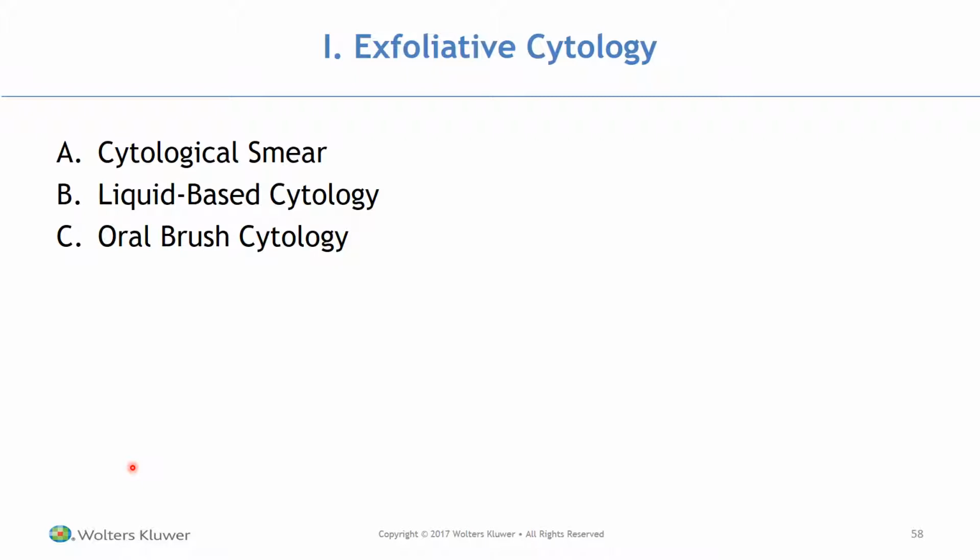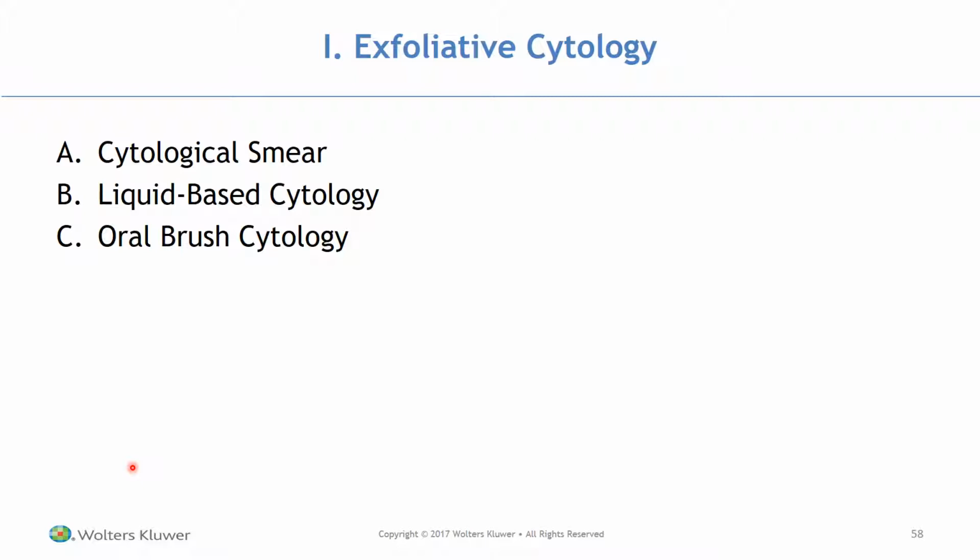And then we have the oral brush cytology. The brush cytology has grown in popularity in recent years. Special brushes are used to penetrate the lesion and to collect a sample of cells that include both surface cells and basal cells. The sample is then mailed to a laboratory for analysis.